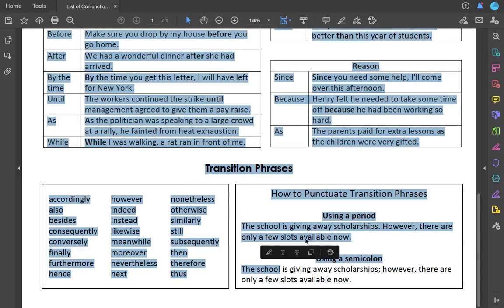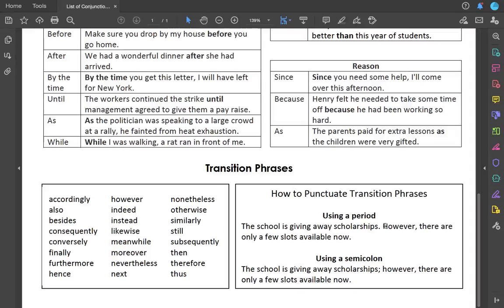So when you use transition phrases, if it's at the beginning of the sentence, then you also use a comma after it. Did you notice that when you use transition phrases, you don't use a comma before it? That is illegal. Don't ever do that, okay? So when you see something like this, don't use a comma before it.